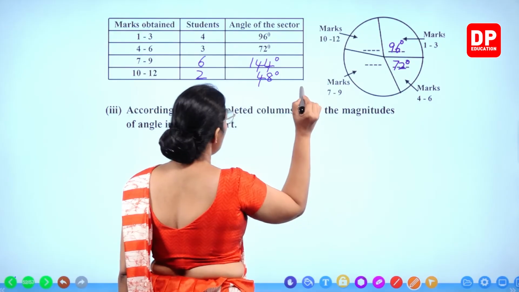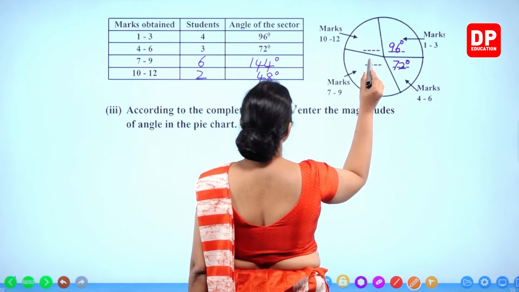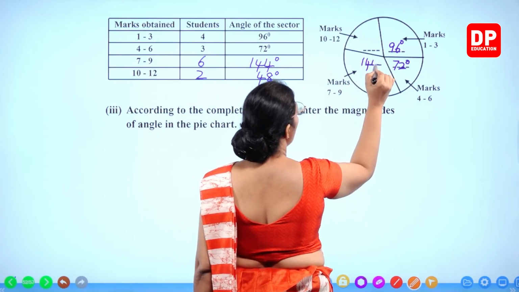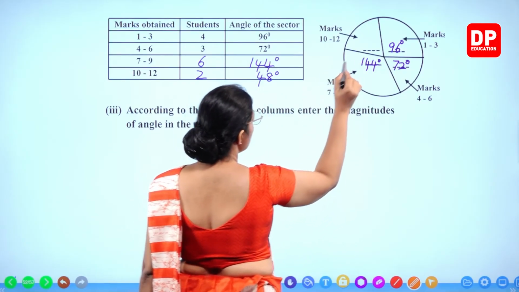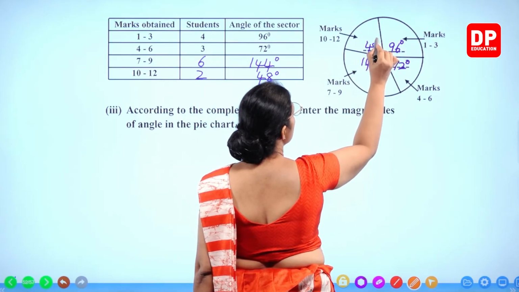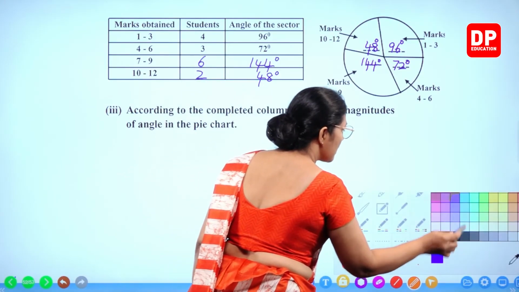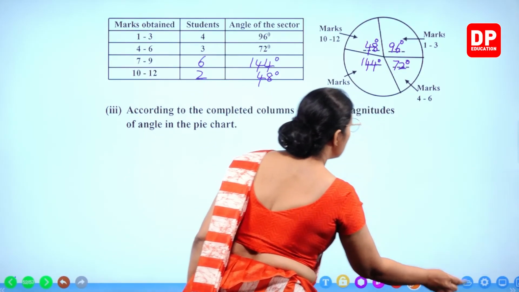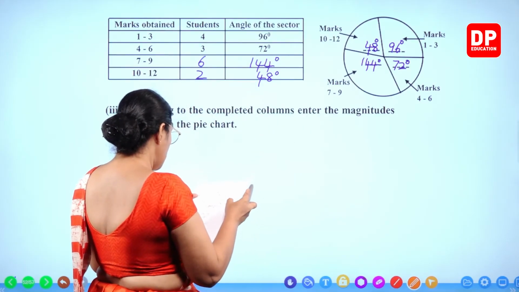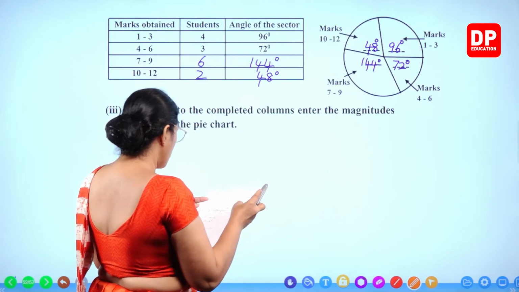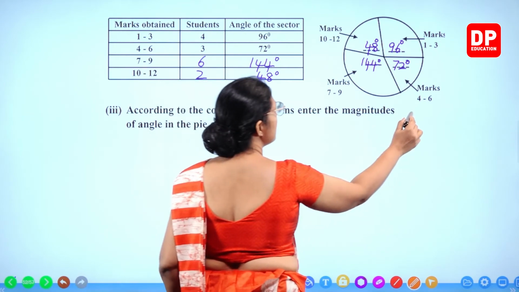And then 7 to 9, that's 144. And then 48 degrees. So that's just to write down the values there. So you get only 1 mark for writing the values.